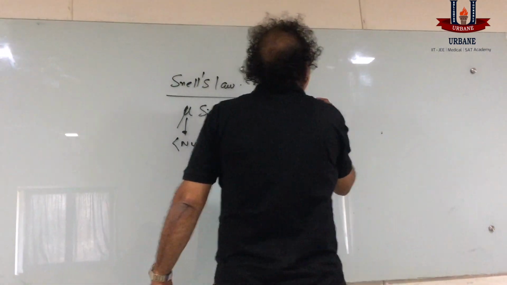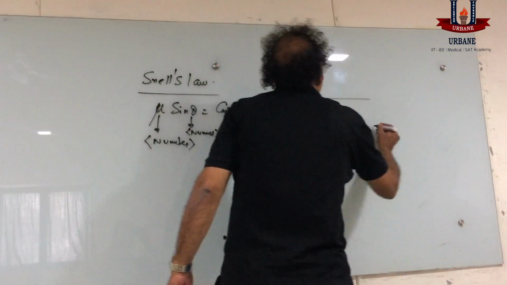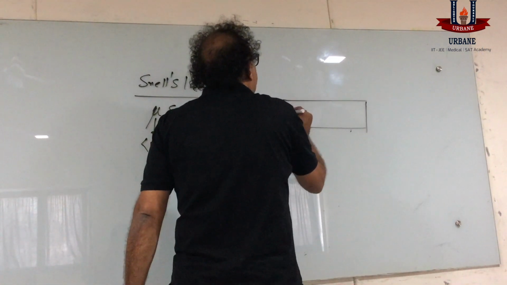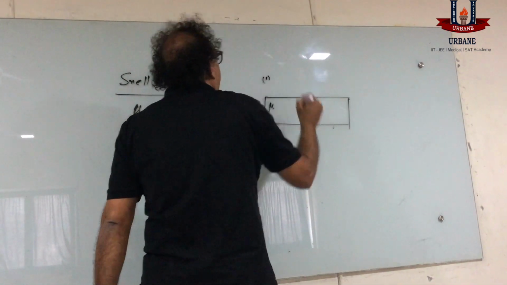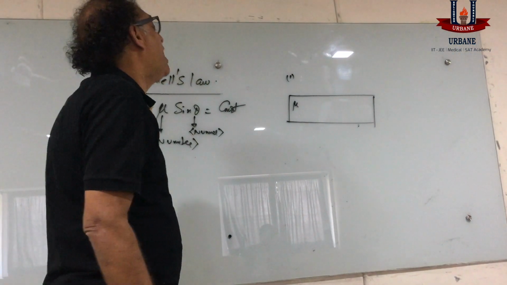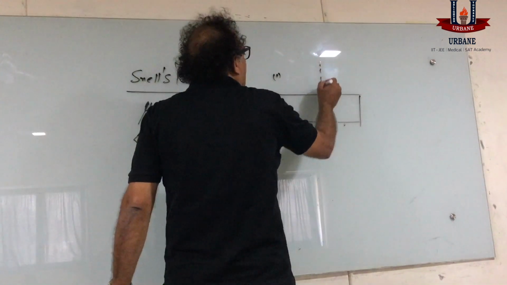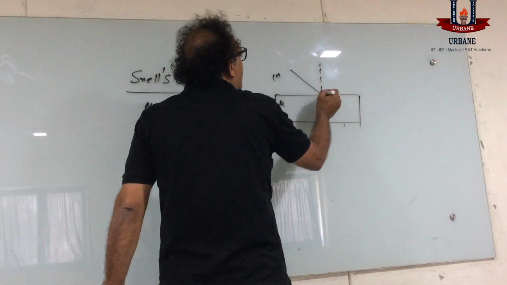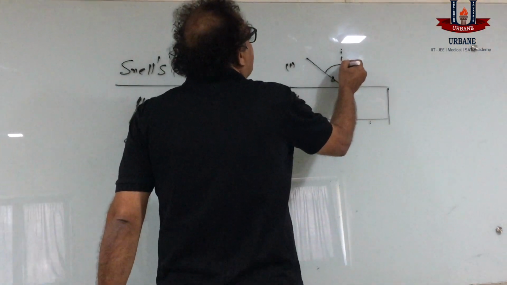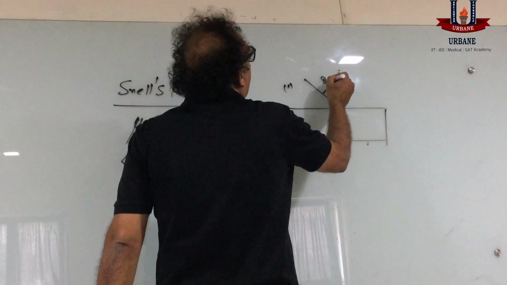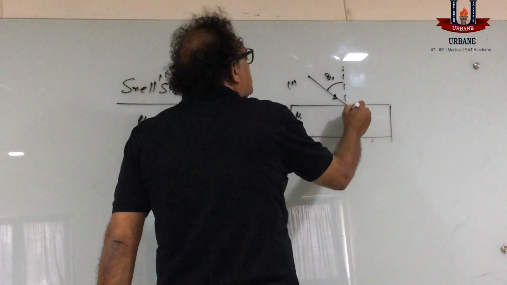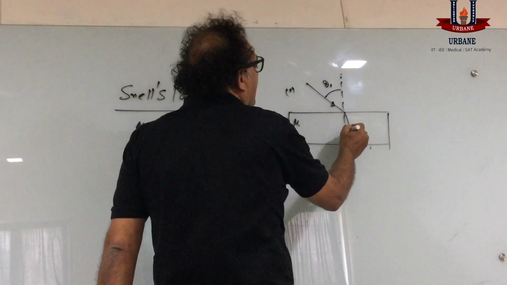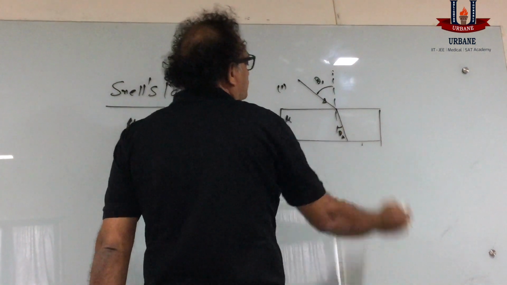Let us try to see that this is supposed to be a denser medium whose refractive index is supposed to be mu, and here this is air whose refractive index is 1. Let there be a ray of light which tries to travel like this, and this makes an angle which is called theta 1 in the first medium, and the ray of light is going to bend because of refraction and it makes an angle here theta 2.